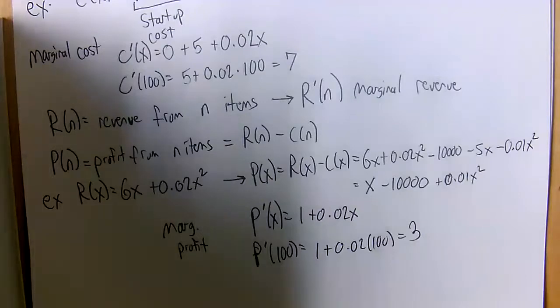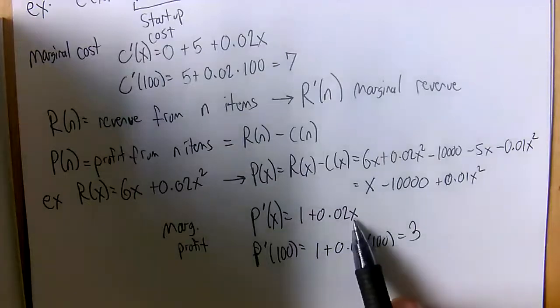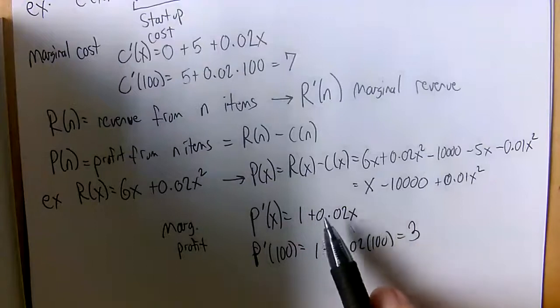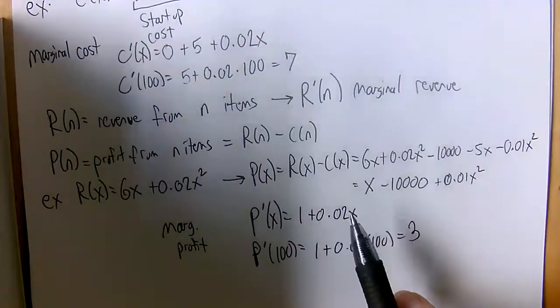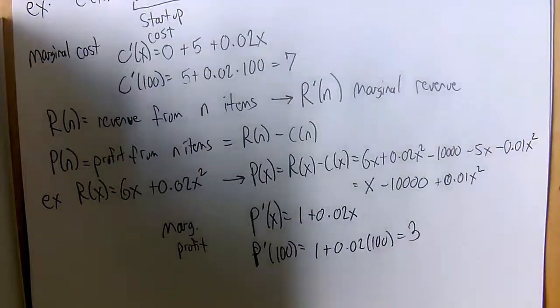Businesses have a hard time making money when they first start out, but it seems like, at least according to these equations, the more things we sell, the more profit we're going to get out of each individual item. Not just overall, but each individual item. So anyways, this is one application of the derivative to see how much cost, revenue, or profit you'll make from selling one more item in your business.